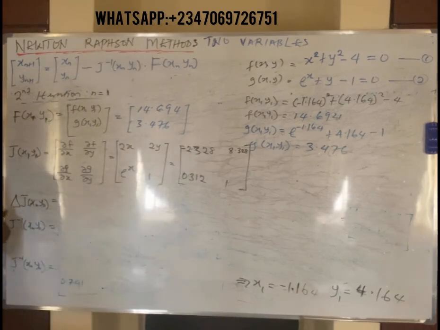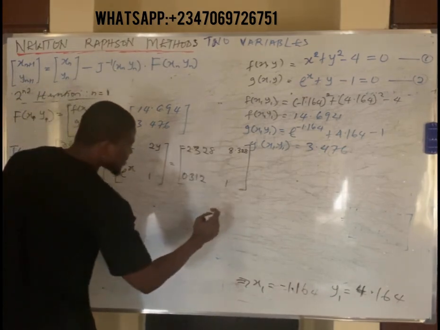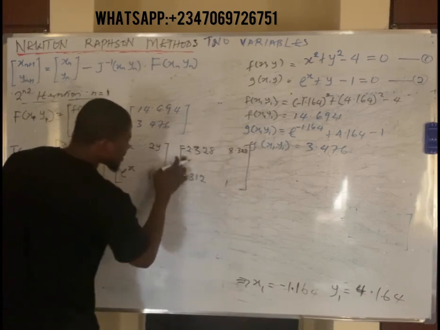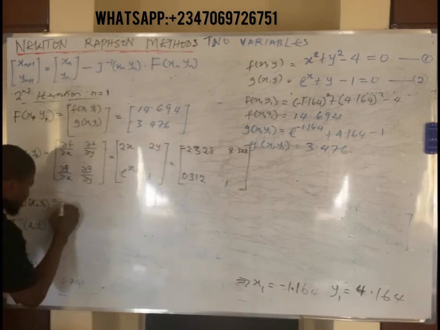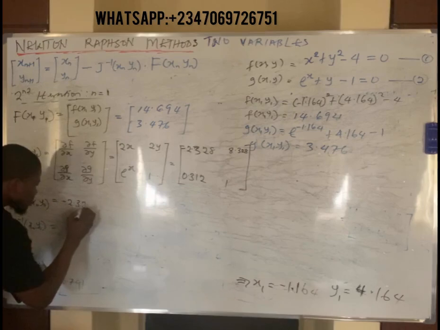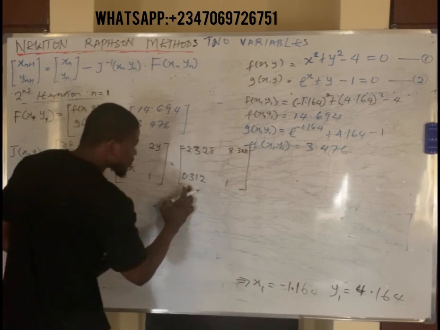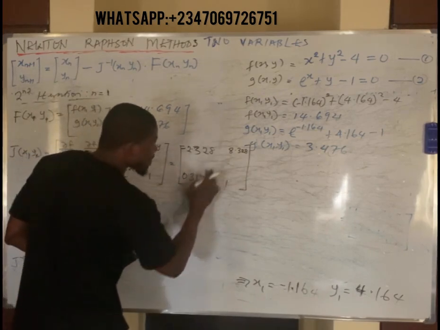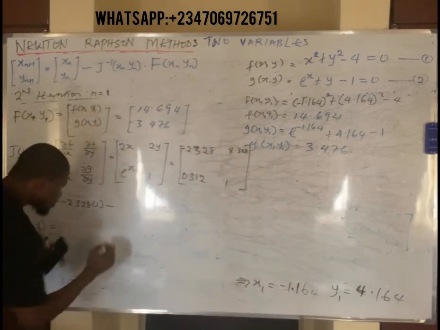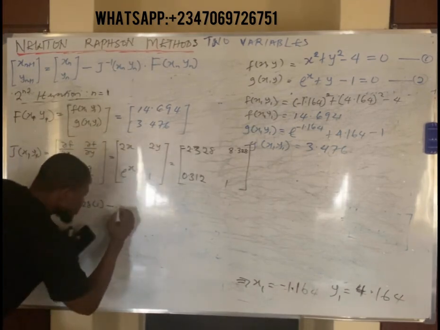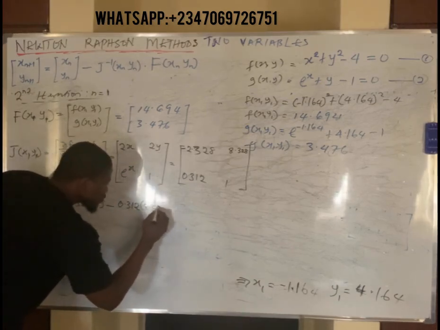The next thing to do is to compute the determinant of the Jacobian. So remember, the major diagonal multiplied minus the minor diagonal. So the major diagonal here is negative 2.328 multiplied by 1. So I have negative 2.328 times 1 minus the minor diagonal. So I have 0.312 multiplied by 8.328.